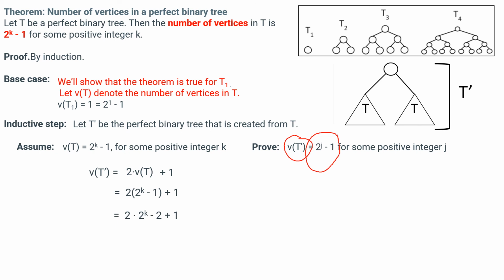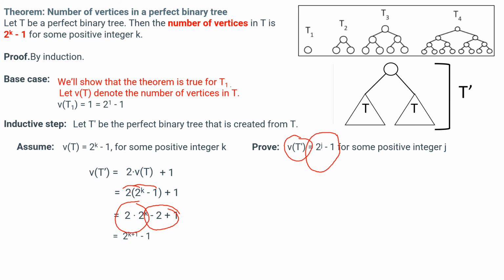Let's distribute the 2 in. So I have 2 times 2 to the K, and then minus a 2. So just distributed that 2 in like that. Then I have that plus 1. Well, now let's write this term here as just a 2 to the K plus 1. And then minus 2 plus 1 is just equal to minus 1.